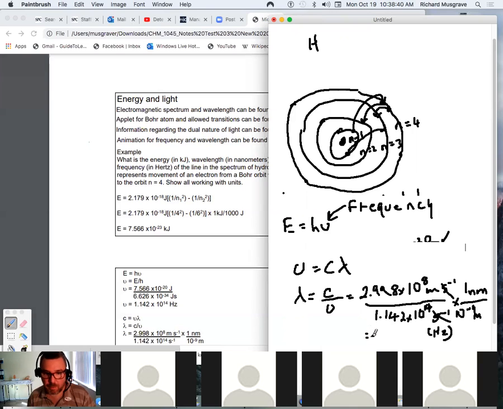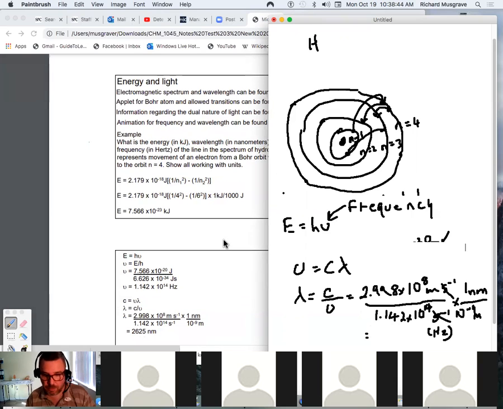And if we do that, we'll end up with 2625 nanometers. The reason we would want to do that is now we end up with a value that's a lot more usable, something in the hundreds or thousands. It makes a whole lot more sense to look at than something in the 10 to the negatives or 10 to the positives or whatever. But our final wavelength is going to be 2625 nanometers.